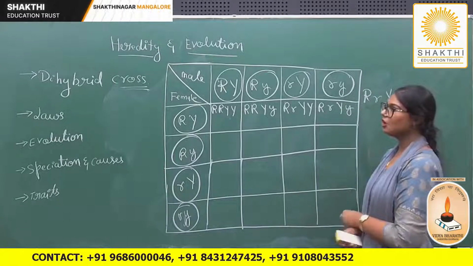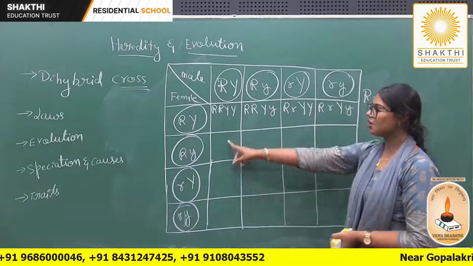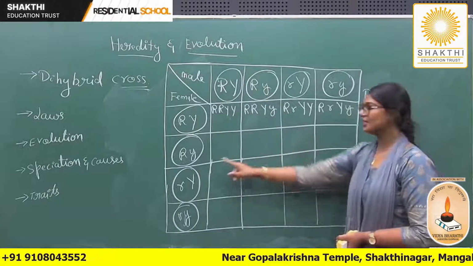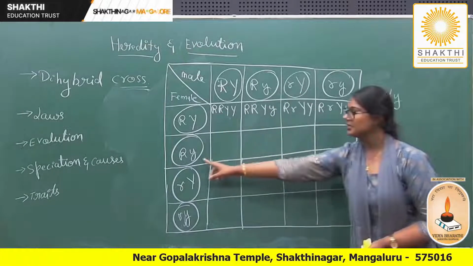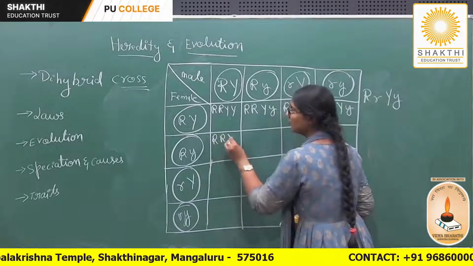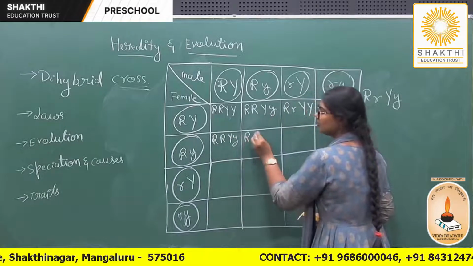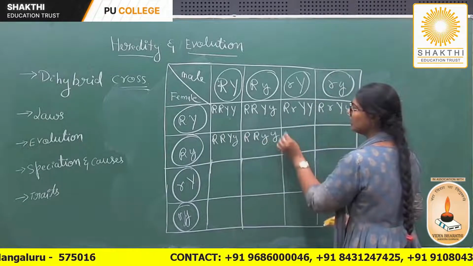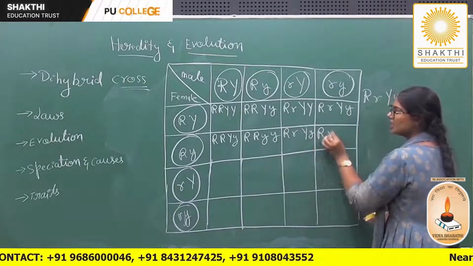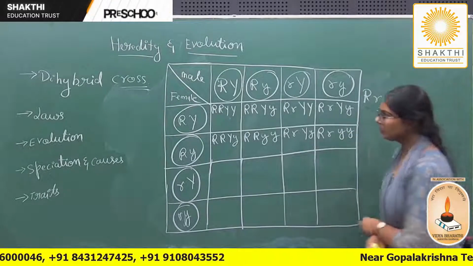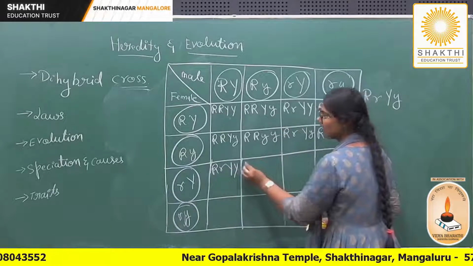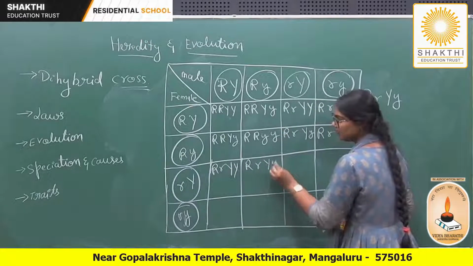Same way we shall fill all the boxes, students. The first box will be this and this, second one this and this, third one this and this, fourth one second and fourth box. So very easy. R, R, Y, Y, capital R, small y, capital R, small r, capital Y, small y, capital R, small y, small y. Next we have capital R, small r, capital Y, capital R, small r, capital Y, small y.